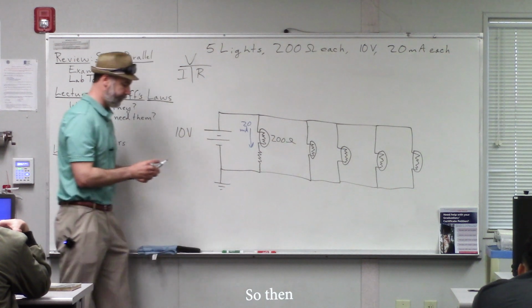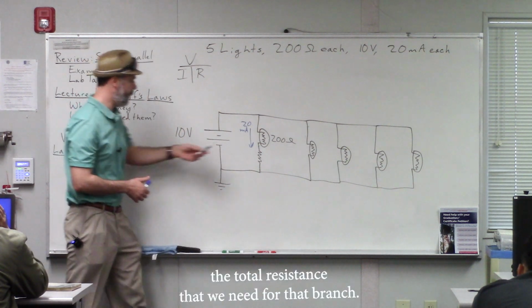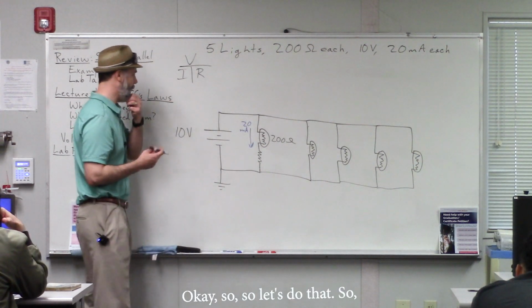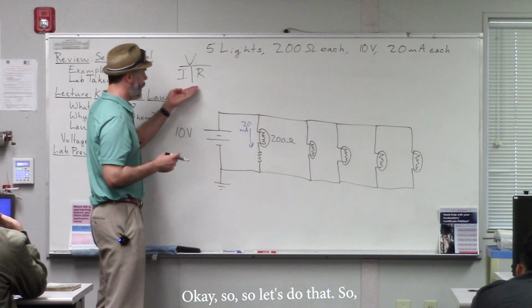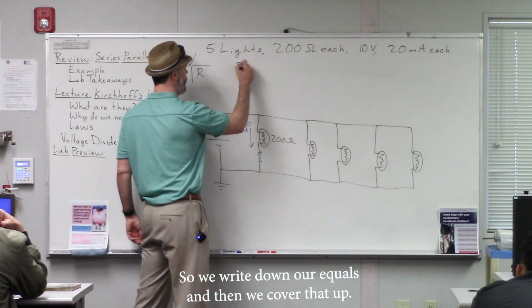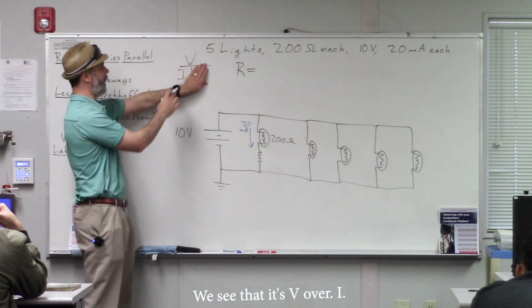So then we could use Ohm's law to figure out the total resistance that we need for that branch. Okay, so let's do that. In this case, we're trying to figure out the resistance. So we write down R equals, and then we cover that up. We see that it's V over I.